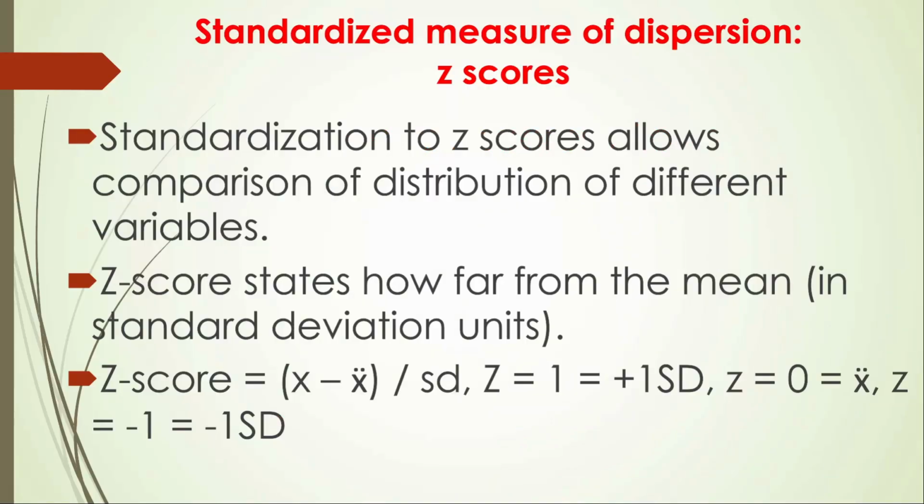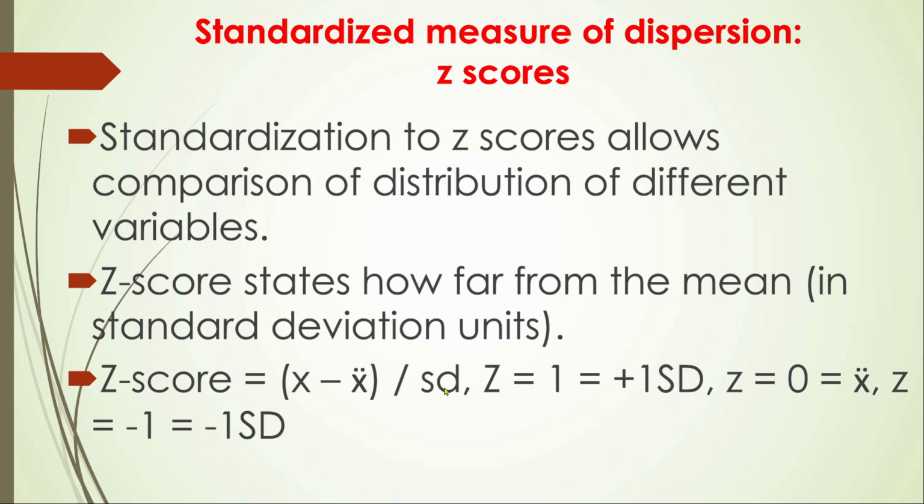Other than coefficient of variation, standardization of your data to z-scores also allows comparison of dispersion among the different variables. So z-score states how far from the mean a value is in standard deviation units.